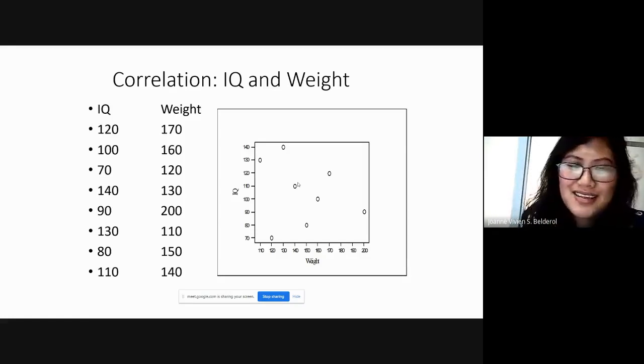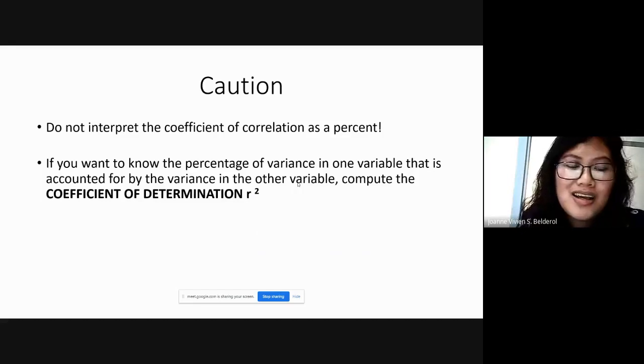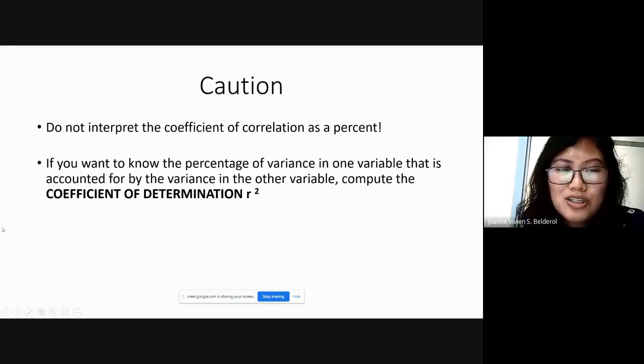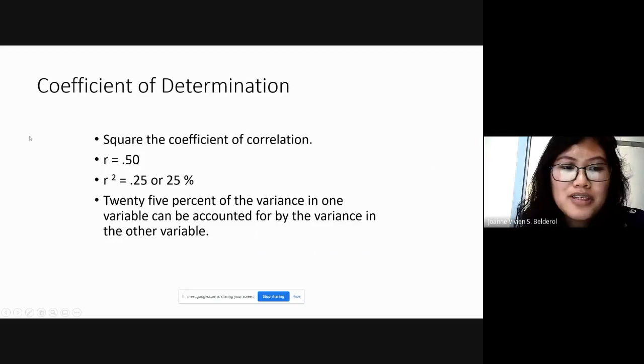Next. Do not interpret the coefficient of correlation as a percent. If you want to know the percentage of variance, you compute R squared, or the coefficient of determination. For example, let's say R is your coefficient of correlation.